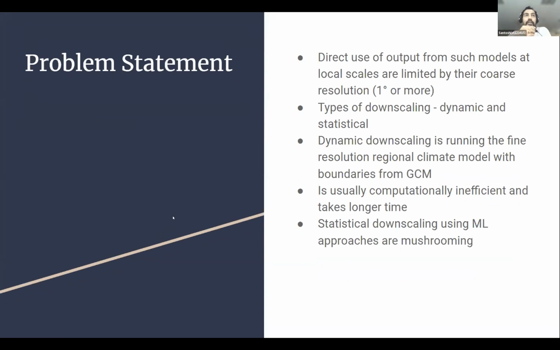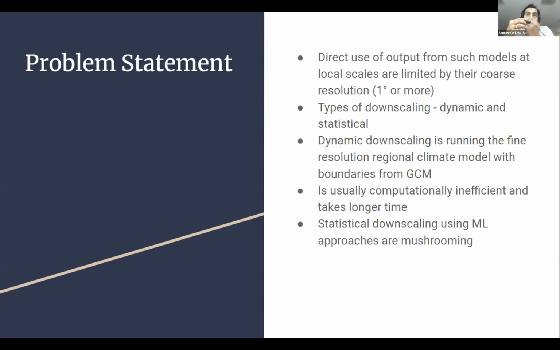But the problem with the direct use of the data set from the global circulation model, the precipitation and the temperature, is that the global circulation model is of very coarse resolution. The grid size would be more than 100 kilometers.